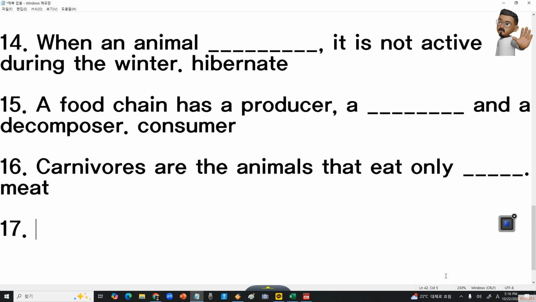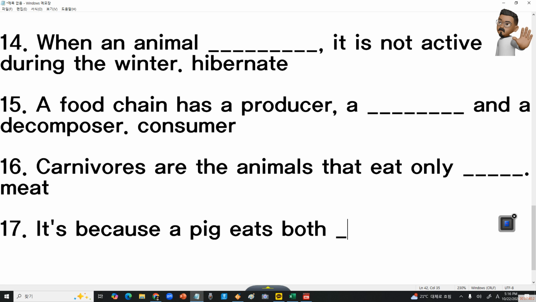Okay. Why is a pig called an omnivore? It's because a pig eats both blank and blank.